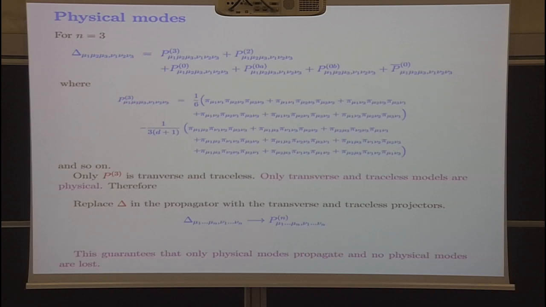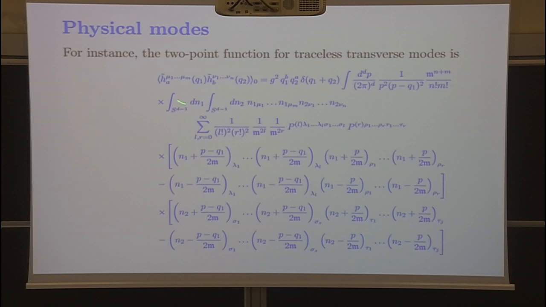So what you find, for instance, for the 2-point function for the traceless transverse mode is this formula, where you see this projector that I mentioned, and it guarantees that only physical modes propagate and no physical mode is excluded from the propagation.